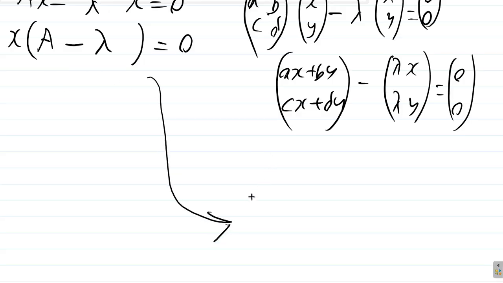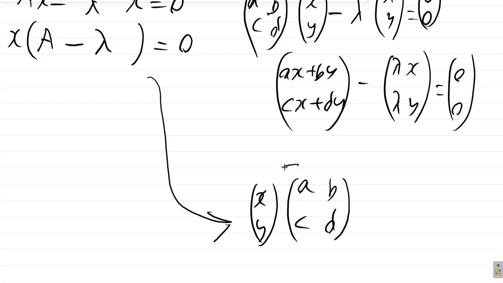You factor out the x, which is the (x, y), times the a, b, c, d, let's put it like this, minus lambda equals 0. But now you see where you have a problem, because you cannot have a matrix minus a single number. It should be matrix minus matrix.